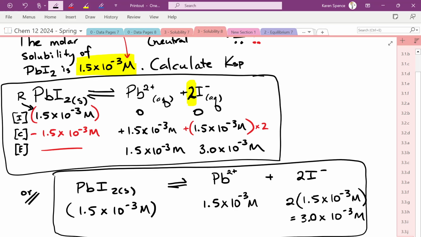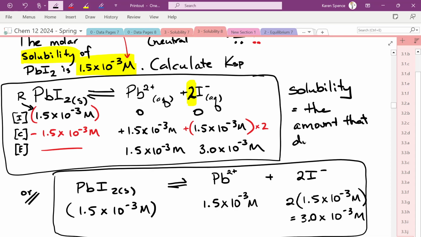So what this is doing is it is saying when it says the solubility is 1.5 times 10 to the minus 3 molar, that is how much dissolves. Solubility is how much dissolves. I should have said that at the start. Does that make more sense if I tell you solubility is the amount that dissolves, in moles per liter?